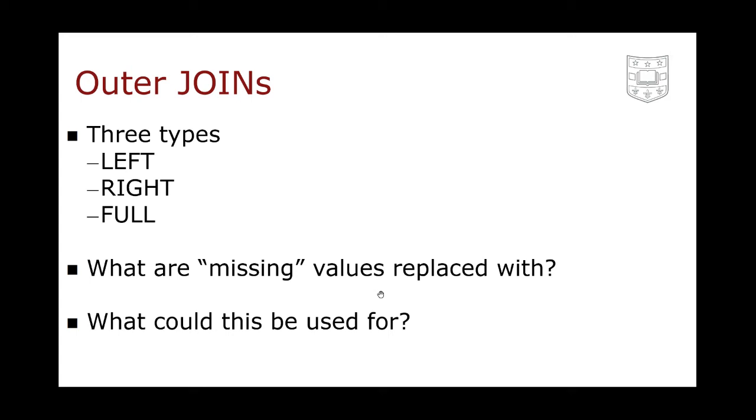I now know that this employee has not been assigned to a department. I can't answer that question with an inner join, because that only shows me what departments employees are in, if they have one. It requires an outer join to answer the question of, show me the employees that don't have a department.